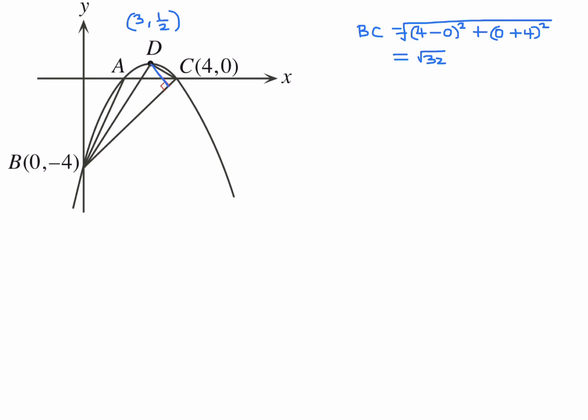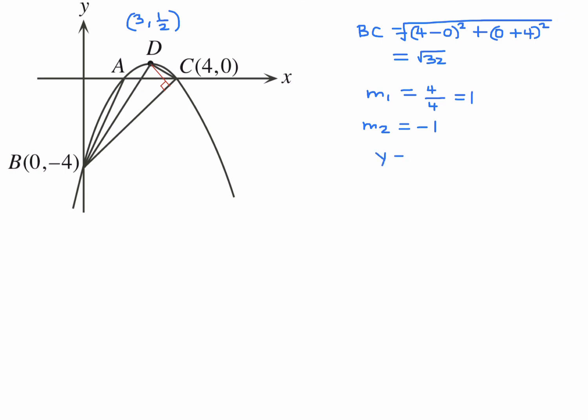But finding this height is a little bit more complicated. First thing we need to do is figure out the slope of that line. And that's going to be rise over run. So the slope of that line, I'll call it M1. If we look at it from this perspective, then the rise is going to be 4, and the run is also 4. So that slope is 1. Now this line, because it's perpendicular, its slope is the negative reciprocal, and the negative reciprocal of 1 is negative 1.